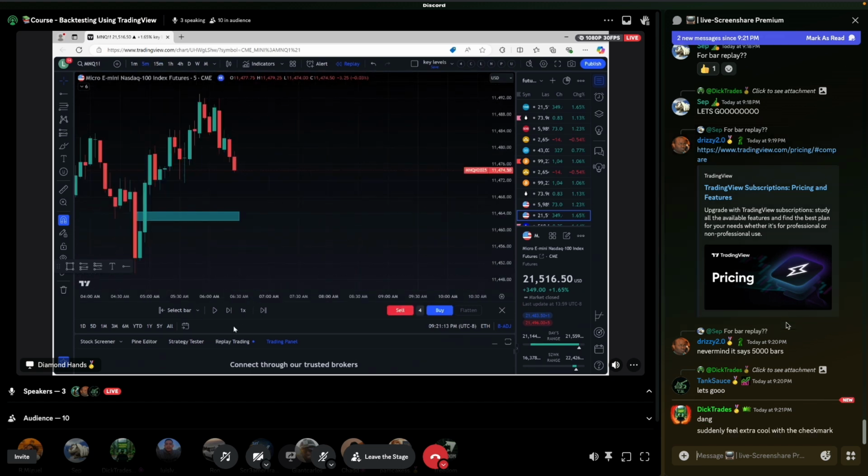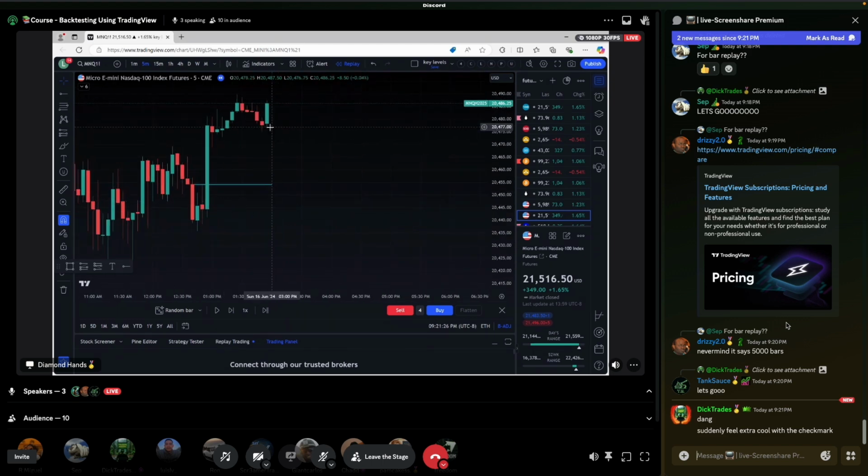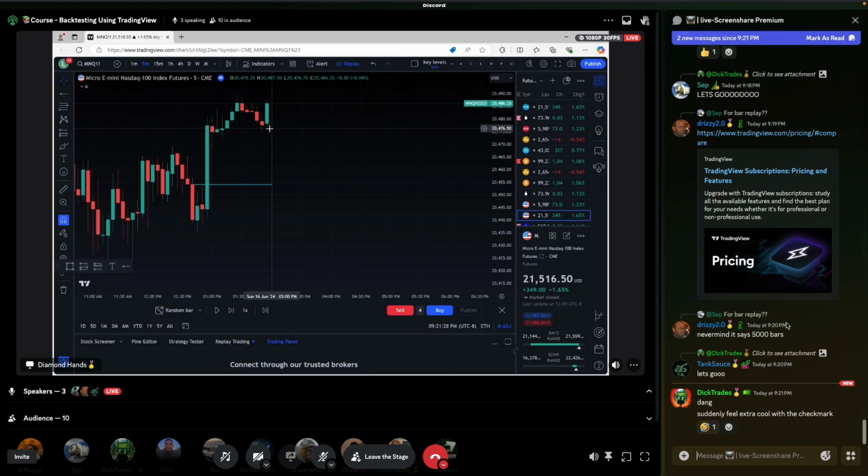If you don't really care and you want to trade randomly, you can do random bar, and it'll select a random date for you. So in this case, this is Sunday at 3 o'clock, June 16, 2024.